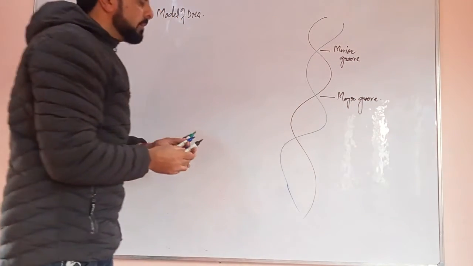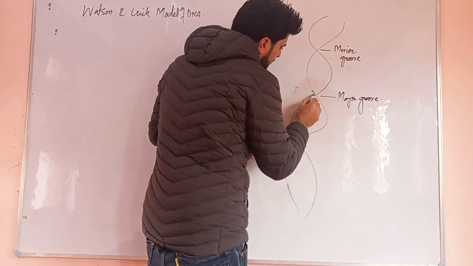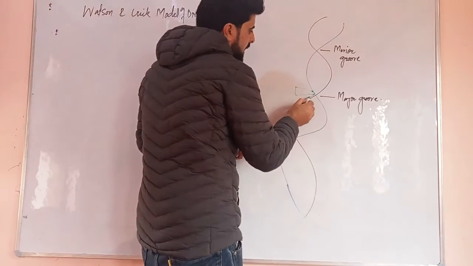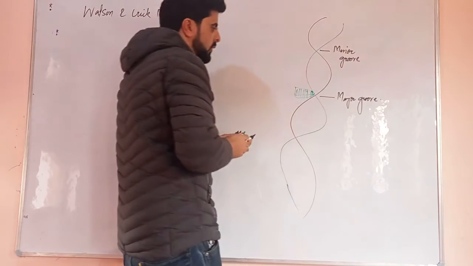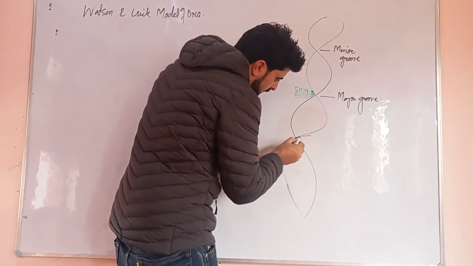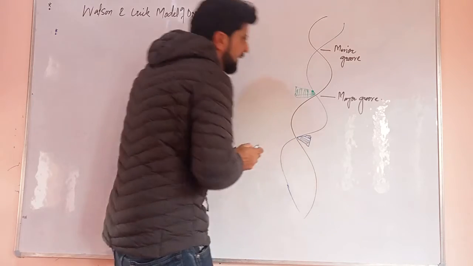Now upon these major and minor grooves, what happens? The enzymes bind upon the DNA in these regions. If an enzyme has to bind onto the DNA, it binds mostly onto these grooves, that is, the minor groove as well as the major groove. So this is the enzyme which is showing the binding here.